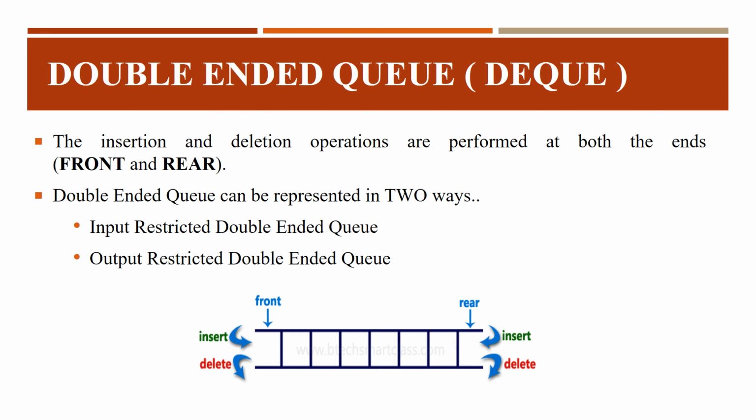DQ, that is double-ended queue. In double-ended queue, insert and delete operations can occur at both ends, that is front and rear end of the queue. It can be represented in two ways: input restricted double-ended queue and output restricted double-ended queue.